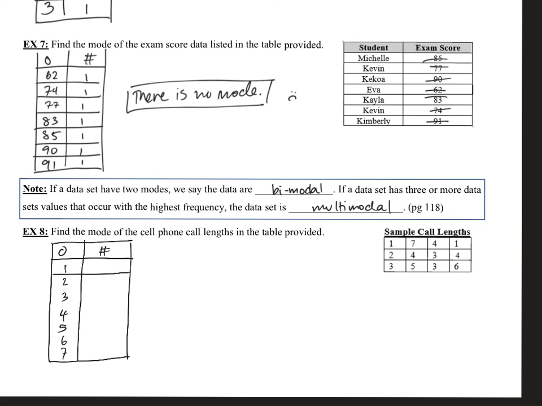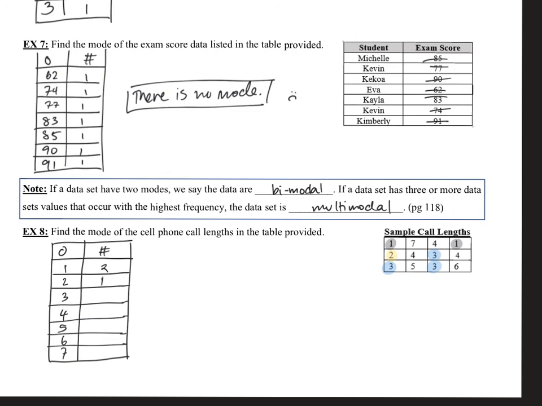How many times do we see them all? We see 1 two times. We see 2 just once. And we see 3 three times.